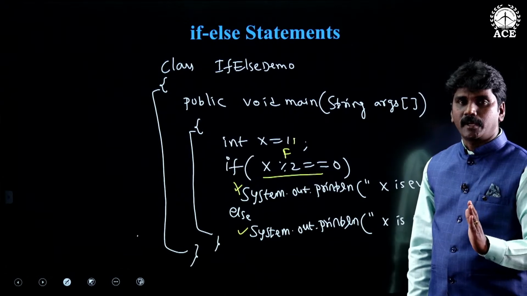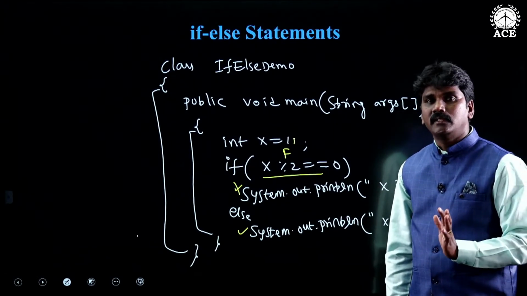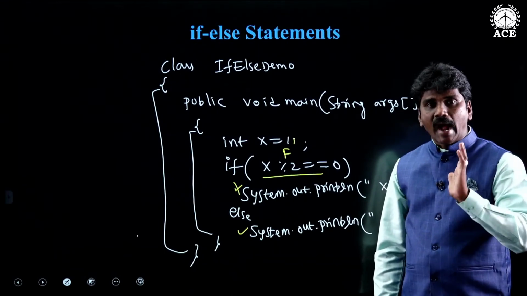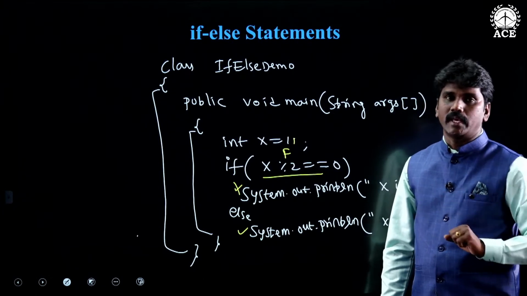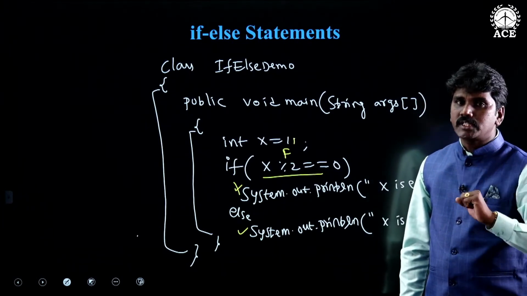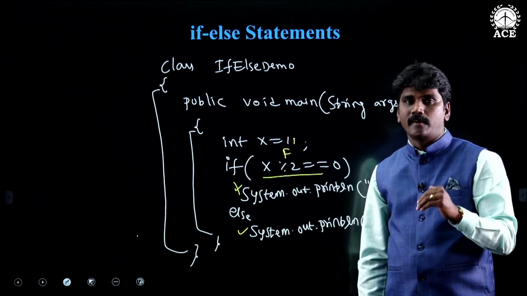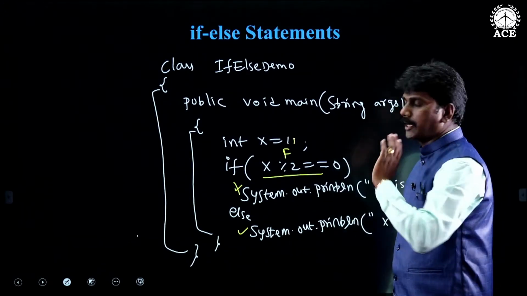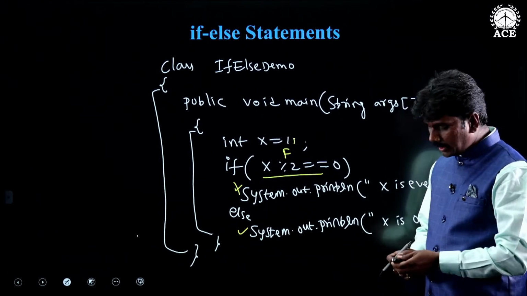One is the selection statement, the second is the iterative statement, and the third is the jump statement. Under the selection statements, again we have the if statement and switch statement. Under the if statement, we have discussed the simple if statement and also the if-else statement, how the if-else statement will be.